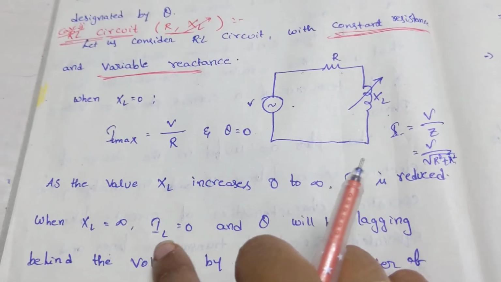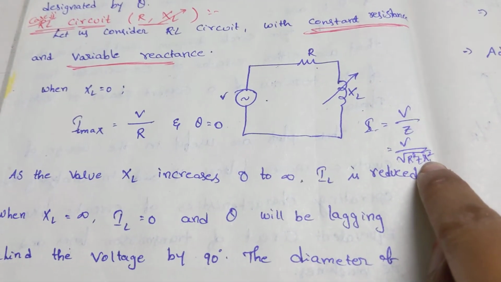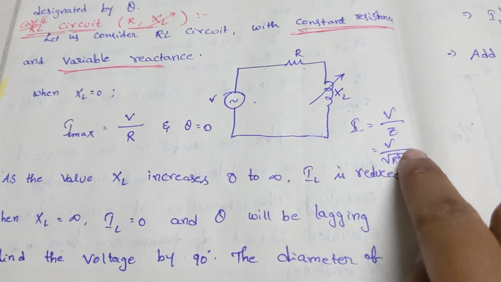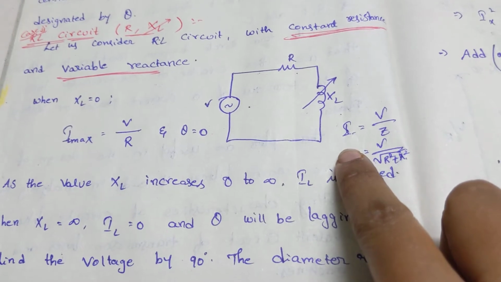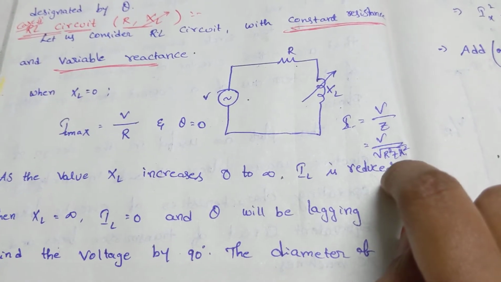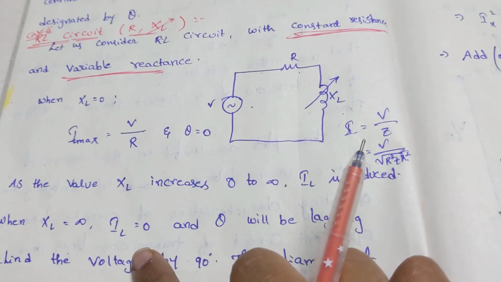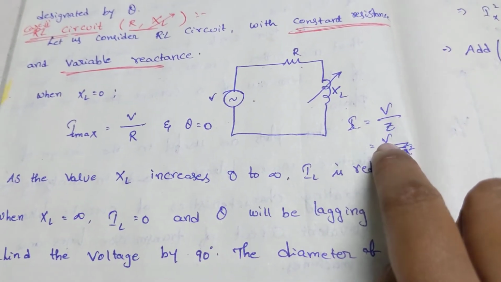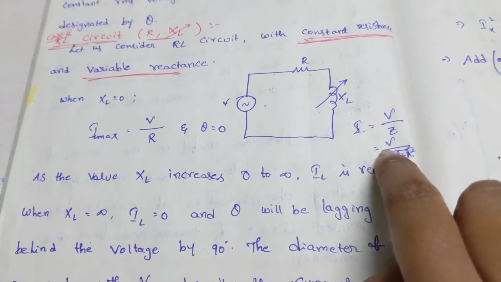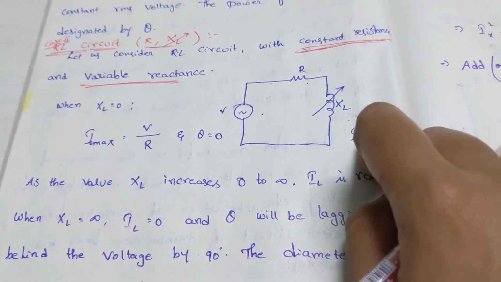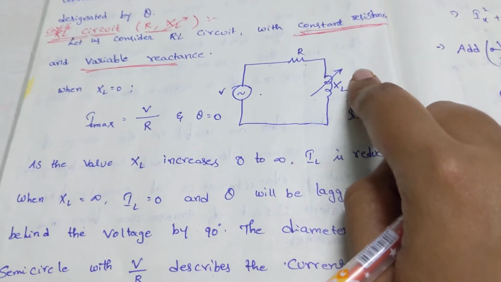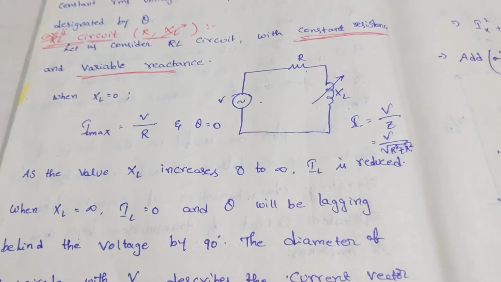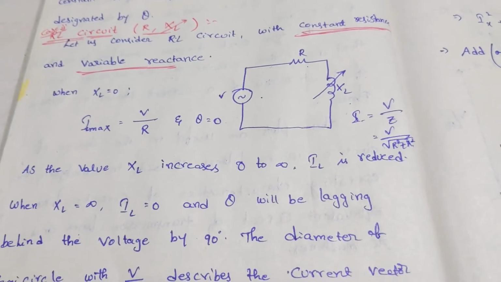If I consider the denominator as infinity, the current becomes anything divided by infinity, so it will be 0, and this 0 current is lagging by an angle theta. Since it is an inductive circuit, the current is lagging the voltage by 90 degrees.